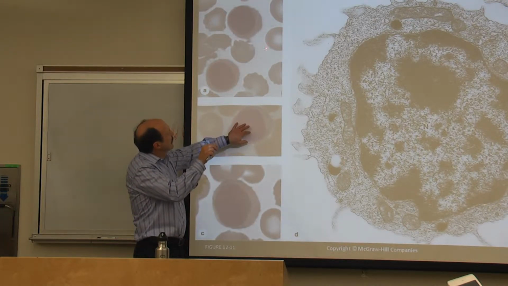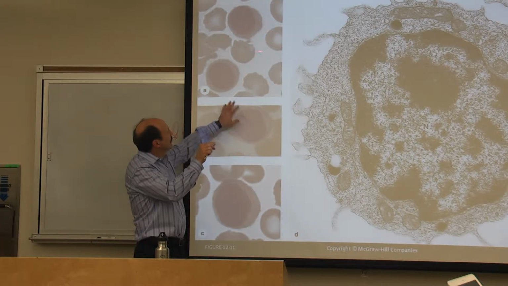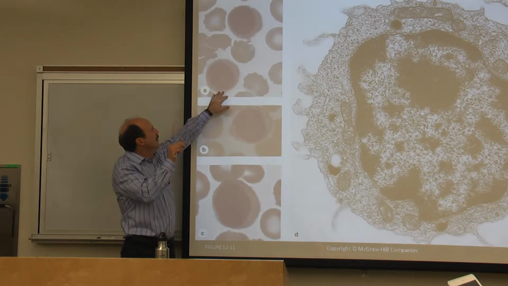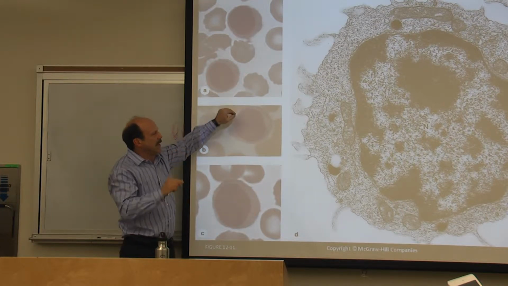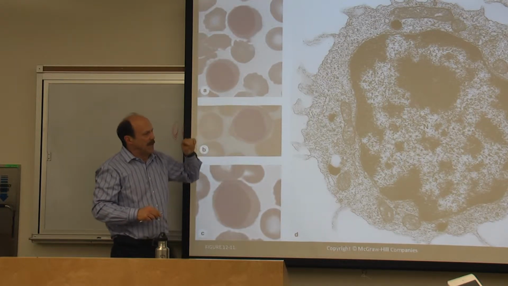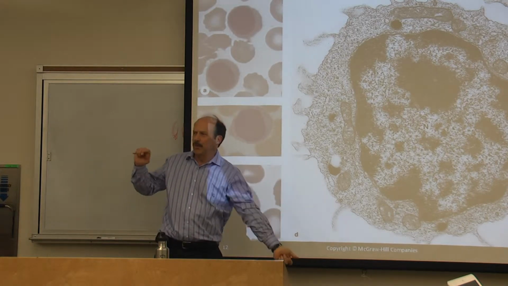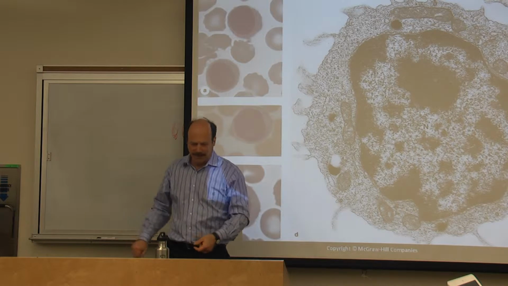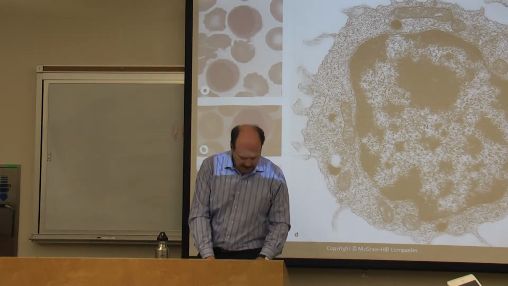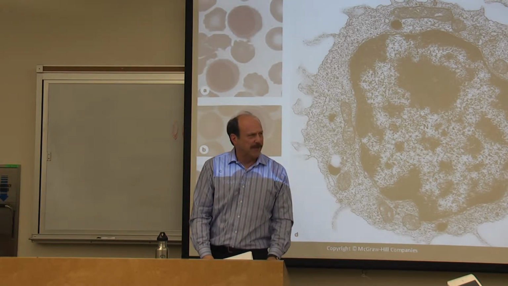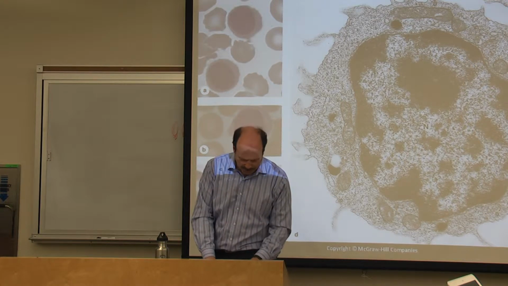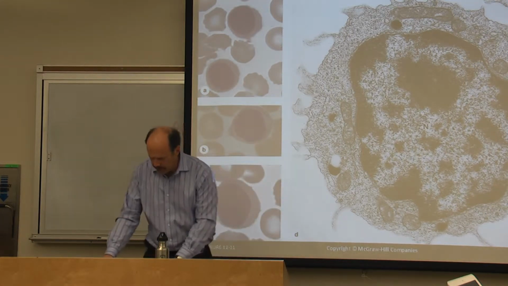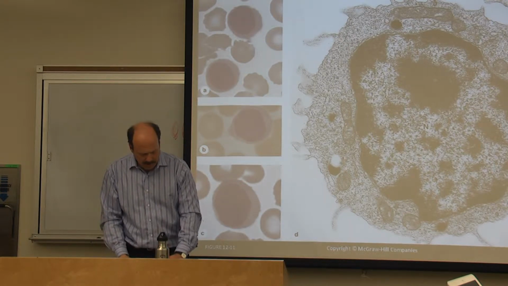You've got erythrocytes, red blood cells. This is just like that blood smear that we did, and you guys saw that there were some cells that were staining. There are two classes of cells: the ones with the granules and the ones without the granules. The ones without granules are called agranulocytes.